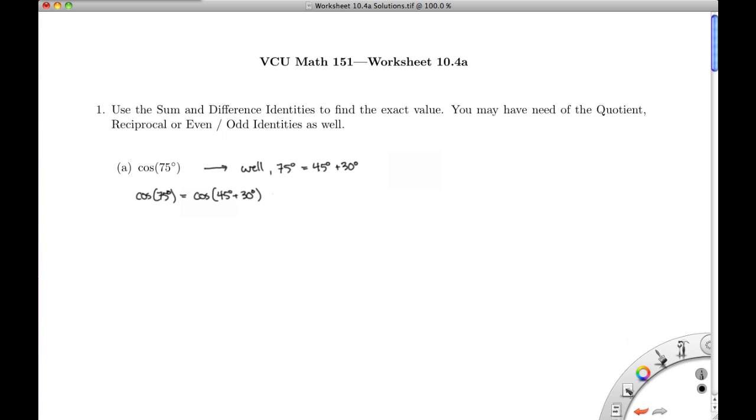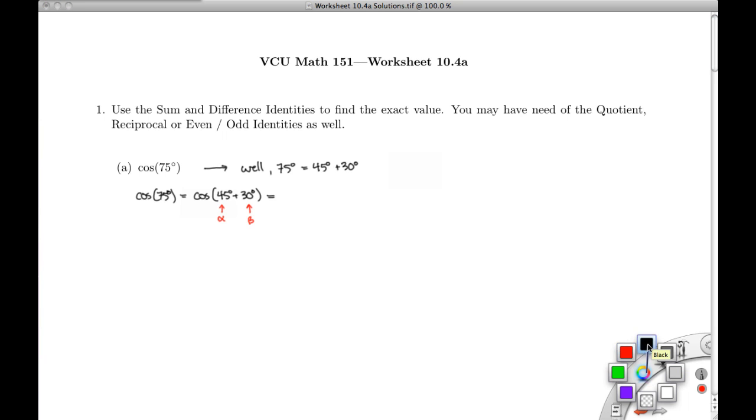And now we're going to use the identity for the sum of two angles with the cosine. So it's in the text, should be in your notes, but the way we would do this is we're going to say, well, I'm going to let 45 degrees be my alpha. I'm going to let 30 degrees be my beta.